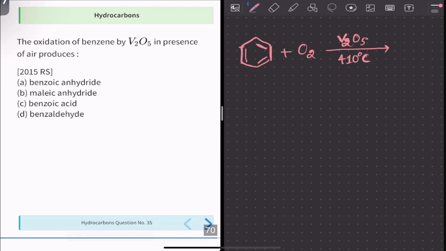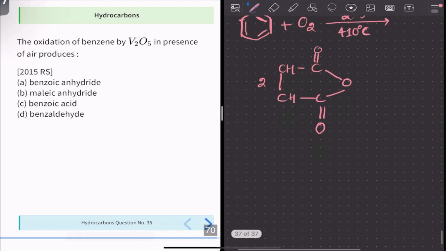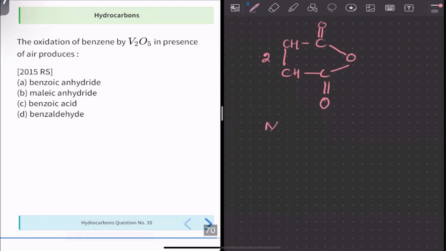So it will produce the compound CH, C double bond O, O, CH, C double bond O. This is an anhydride form of maleic acid, so it is known as maleic anhydride. What will be the byproducts?